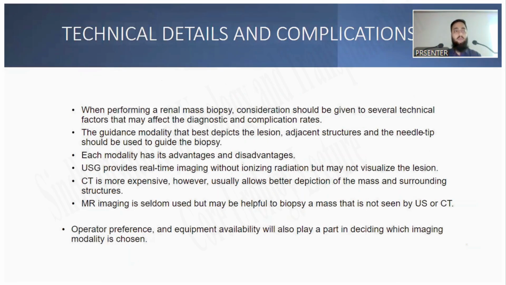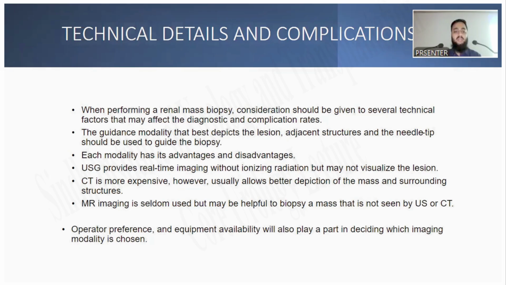Technical details and complications. When performing a renal mass biopsy, consideration should be given to several technical factors that may affect the diagnostic and complication rates. The guidance modality that best depicts the lesion, adjacent structures, and the needle tip should be used to guide the biopsy. Each modality has its advantages and disadvantages.